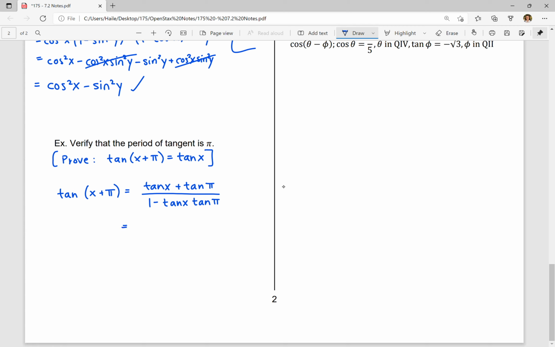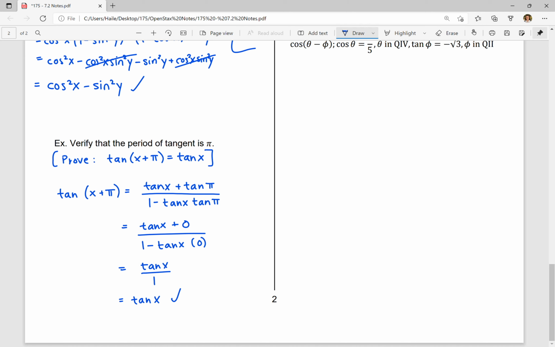So my formula turns into tangent of x plus 0 over 1 minus tangent of x times 0. So simplifying a little bit more, this is just tangent of x over 1, which gives me tangent of x. And that's good. That's what I wanted, because that was the right side of my equation.